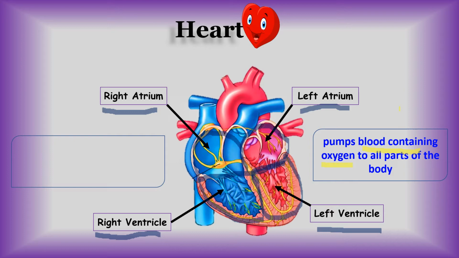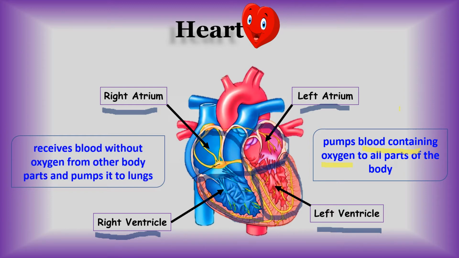The red side, that is the left side, pumps blood with oxygen to all parts of the body. And the right side is responsible for blood without oxygen. It collects blood without oxygen from the body and gives it to the lungs. This much is clear to everybody? Good.